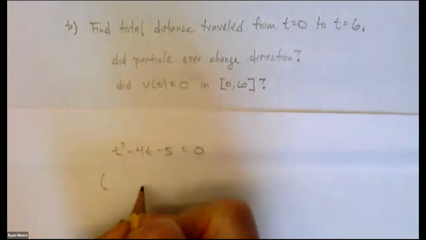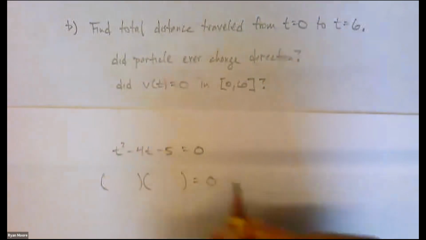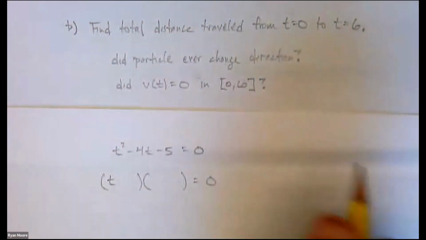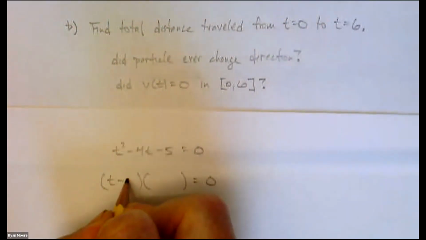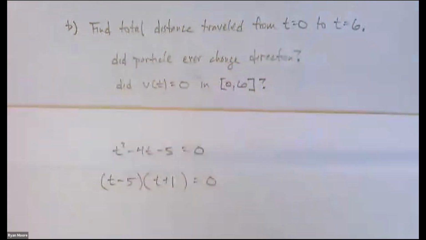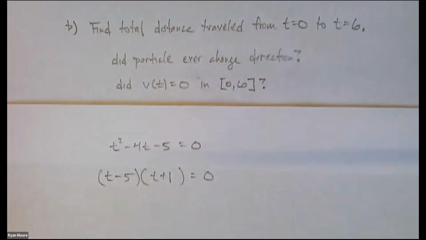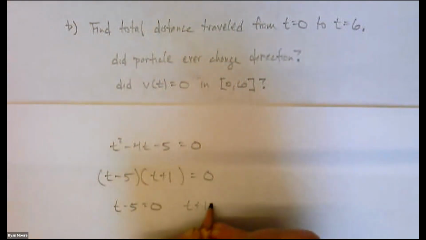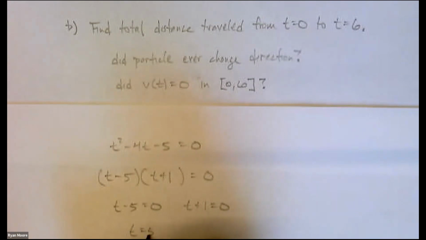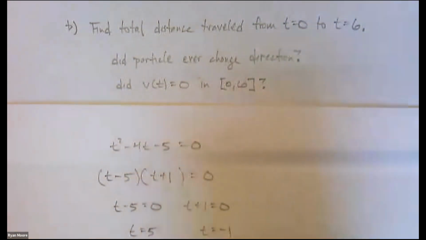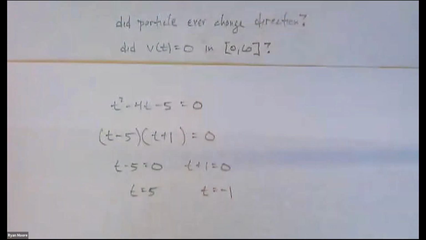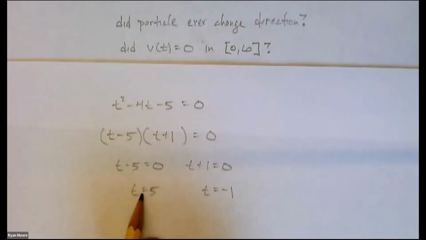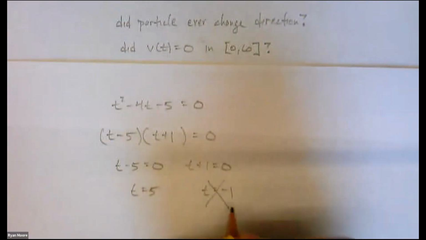I think this factors: t minus 5, t plus 1 would get that for us. So t minus 5 could equal 0, or t plus 1 could equal 0. Yes, it did change directions. One of them was at 5 seconds. We can ignore the other one.